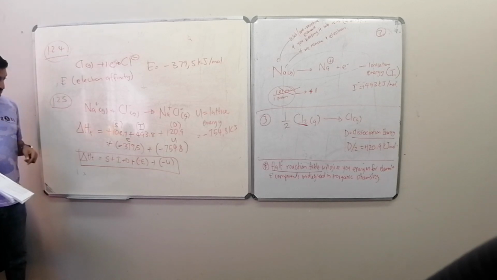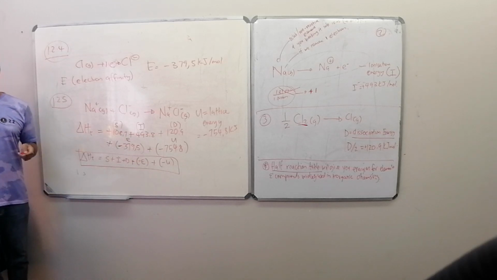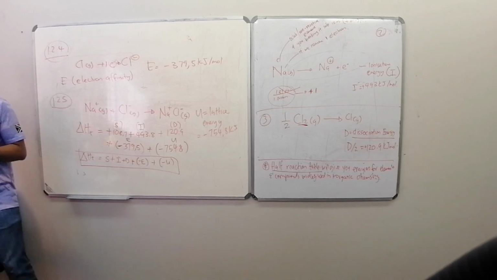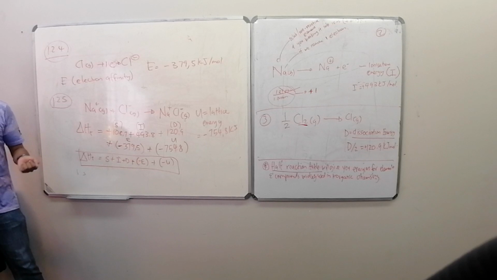So electron affinity will always be negative, and your lattice energy will always be negative. Remember, whenever we convert from a gas to a solid, we're taking the excited energy out of the gas particle and bringing it down, releasing energy basically.